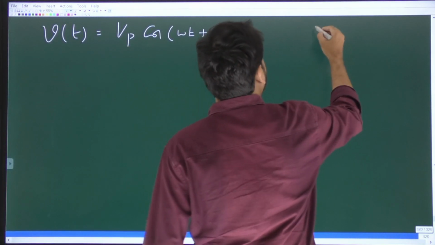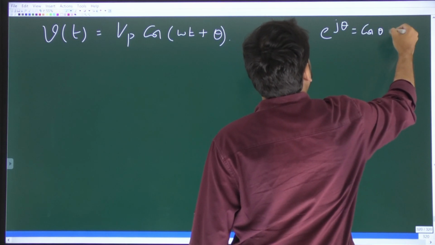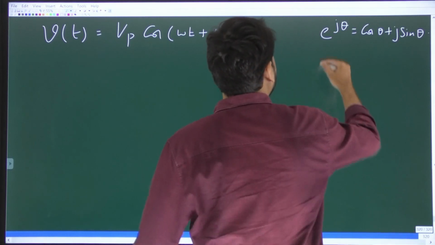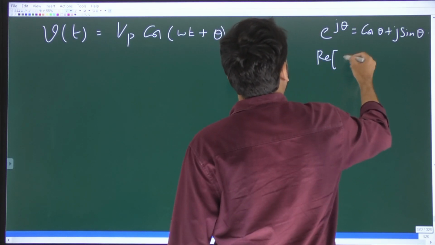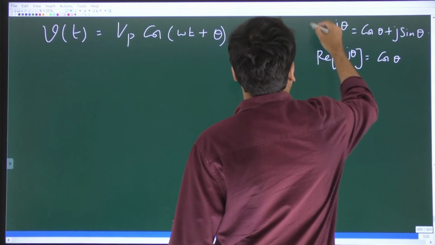So all of you know that e power j theta is cos theta plus j sin theta. So what is the real part of e power j theta? It is cos theta. Yes or no?